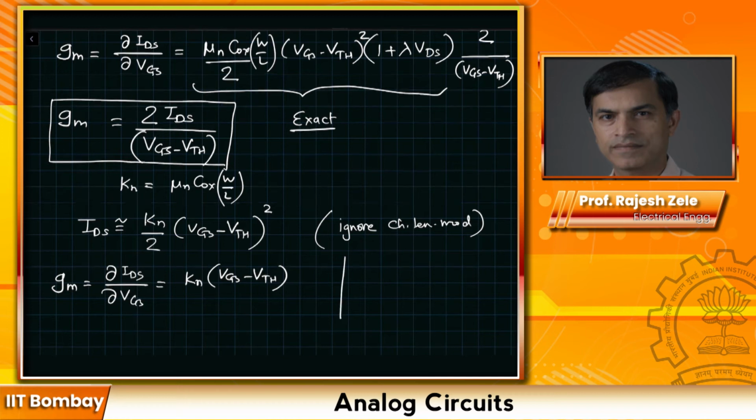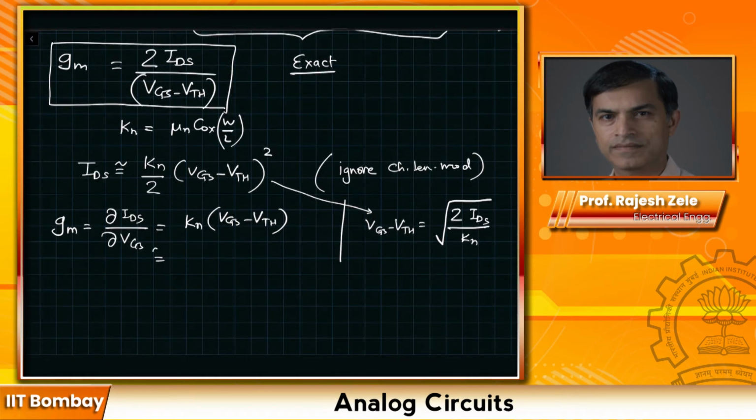And we also know that from this expression, VGS minus VTH is equal to the square root of 2 times IDS divided by Kn. So we can substitute and we will get GM is equal to Kn times the square root of 2 IDS divided by Kn, and this can be written as the square root of 2 IDS times Kn.